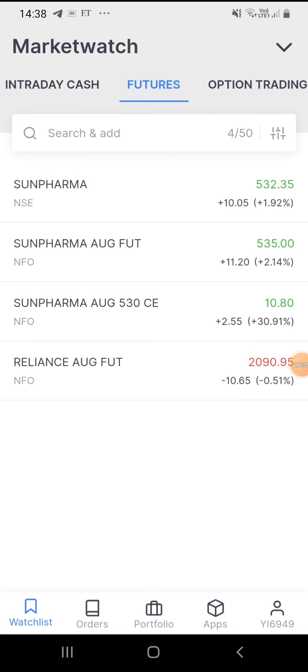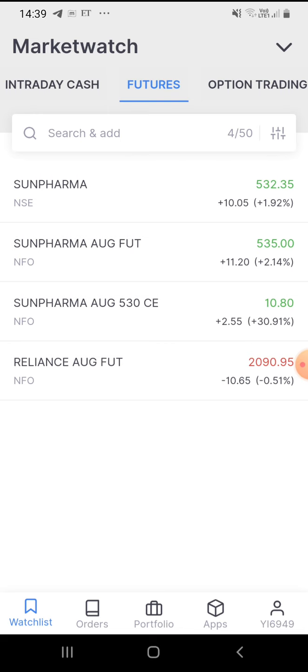So what is our calculation? If we are thinking that this share will go up to 550, that is our calculation. Or we can take a very simple example, this share will go up to 540. That is our calculation. So first point, our analysis is that this share will go up.